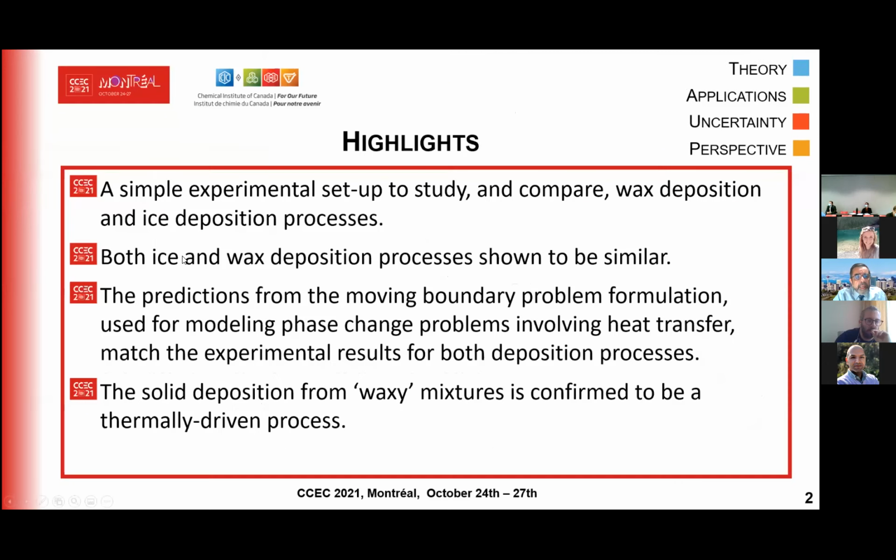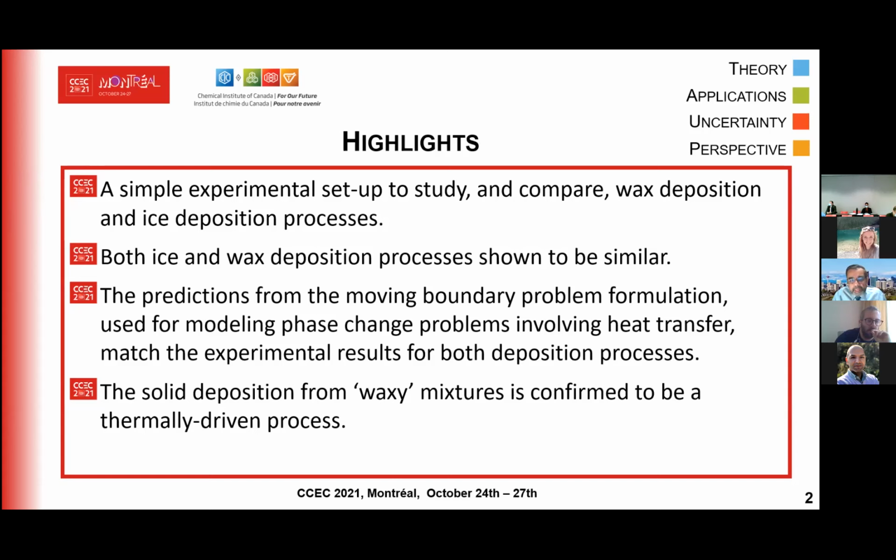So let me begin. I'm going to talk about a simple experimental apparatus to study and compare wax deposition and ice deposition processes. And the results, both experimental and modeling, will show that the two processes are similar. Then we will look at predictions from Stefan's moving boundary problem formulation.